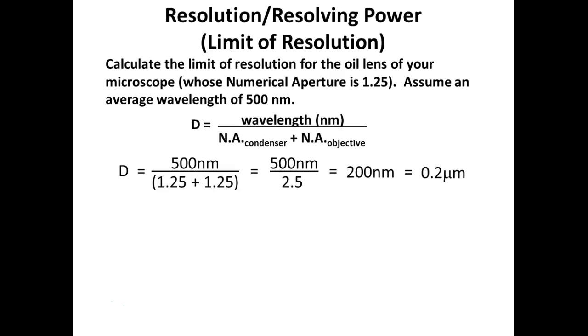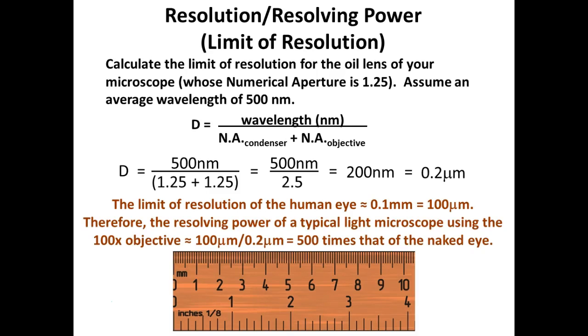For ours, our filter is at about 500 nanometers. The condenser and the numerical aperture of the oil immersion lens are the same, 1.25. That gives us a resolution of about 200 nanometers, or 0.2 micrometers, which is pretty small. It's definitely past the limit of our eyes. Our eyes, this is a ruler.